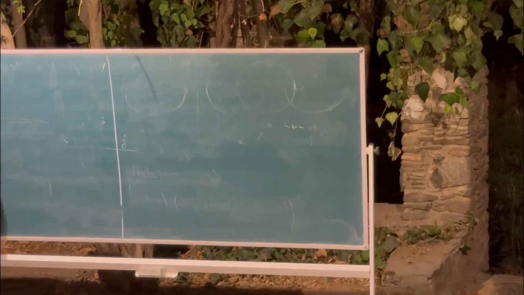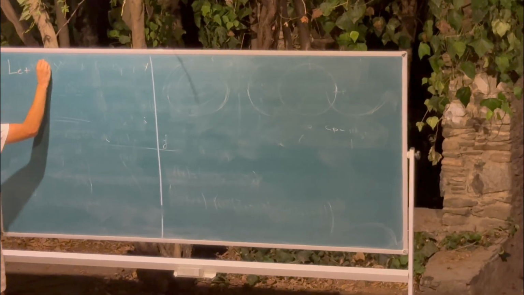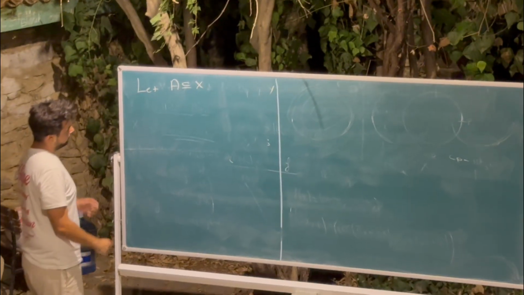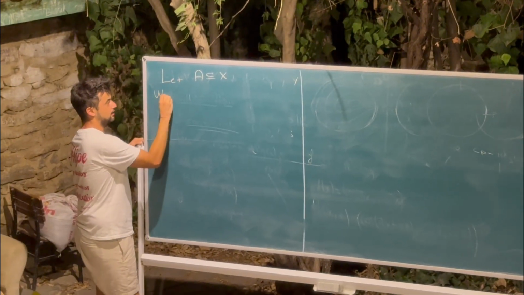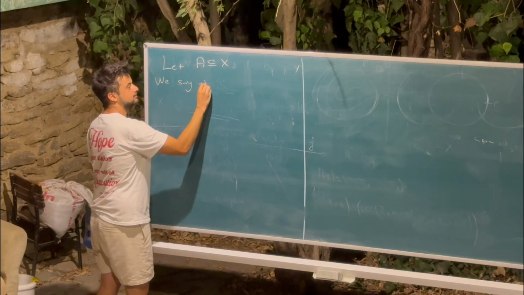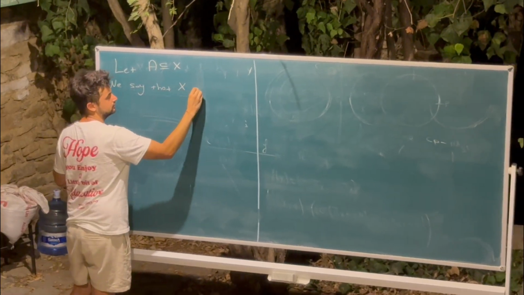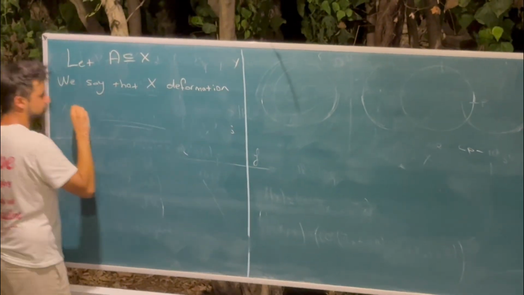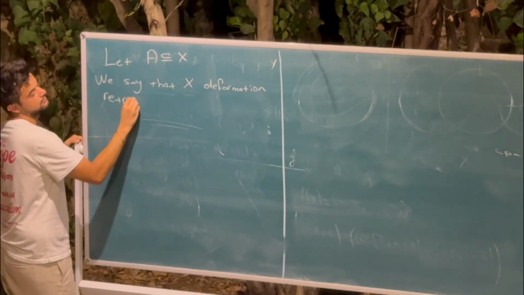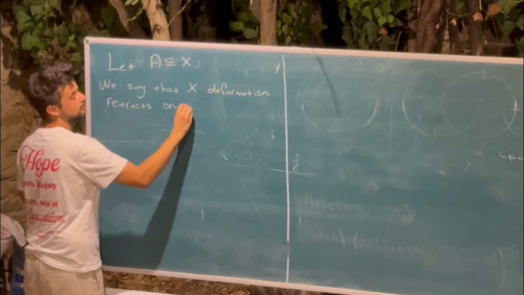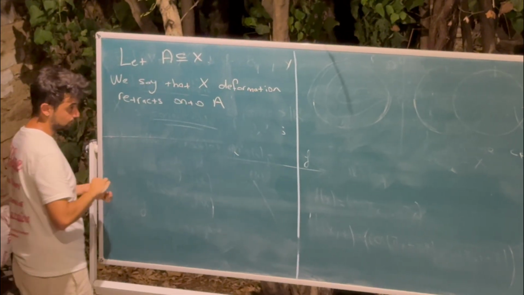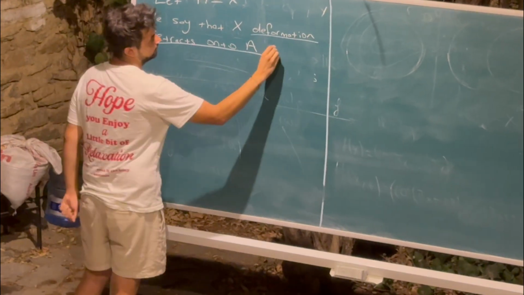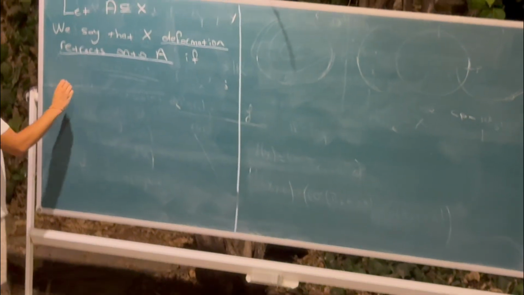Okay, now, suppose we have a subspace A of X, and we say that X deformation retracts onto A. Okay, let's see.